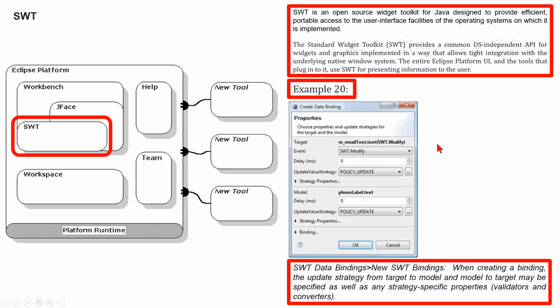Now we are considering new SWT bindings in SWT data bindings. When creating a binding, the update strategy from target to model and model to target may be specified, as well as any strategy specific properties, validators and converters.